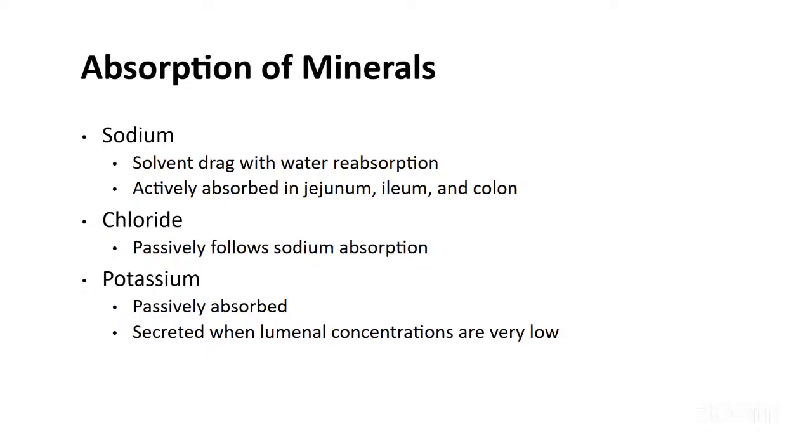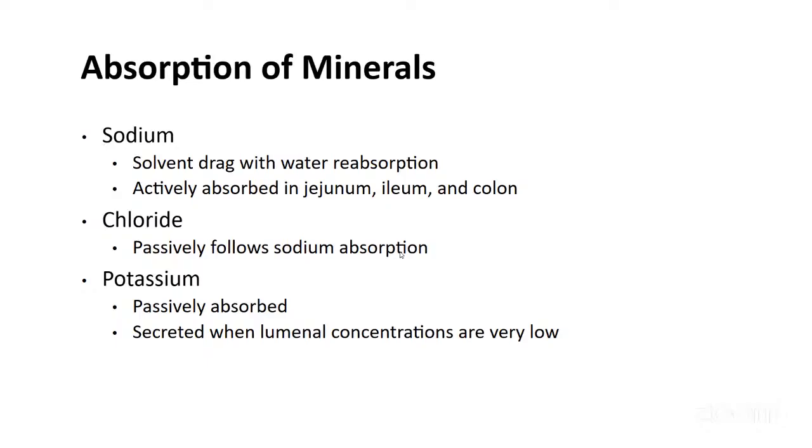We're going to see active absorption of sodium in the jejunum, the ileum, and also in the colon, right? So our carbohydrates, proteins, and lipids are mostly being absorbed in the small intestine. But when we think about sodium and water, this can happen further on. Chloride is a negative ion, an anion, that goes with the sodium.